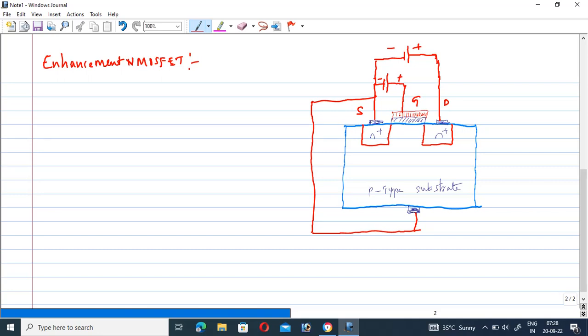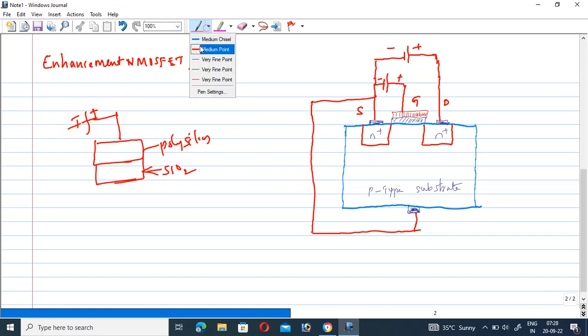Let us see the overall view represented like this. This is the SiO2, and this is the polysilicon. When we connect this terminal to the positive voltage, some positive charges are deposited on the polysilicon.